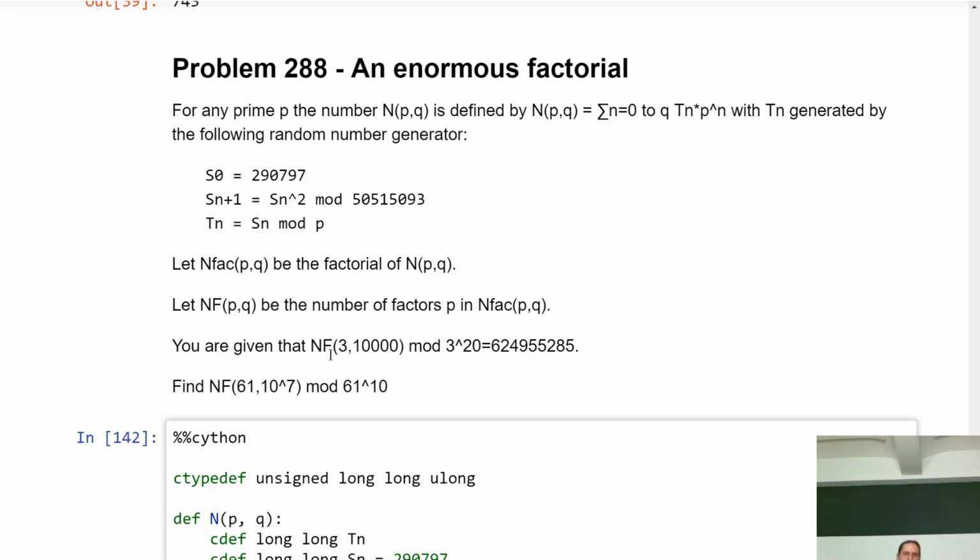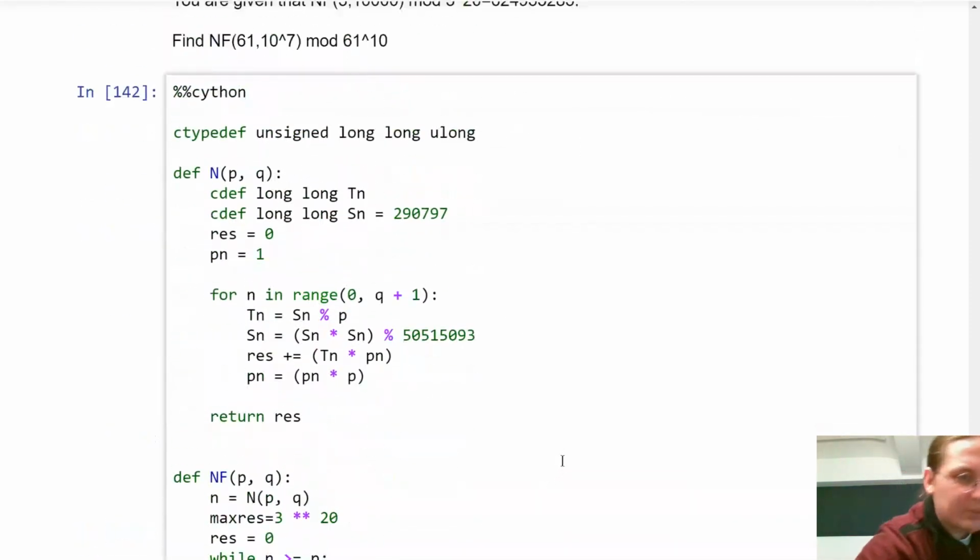What do you name for it? Max res, I guess. Okay, let's call it Pmax.